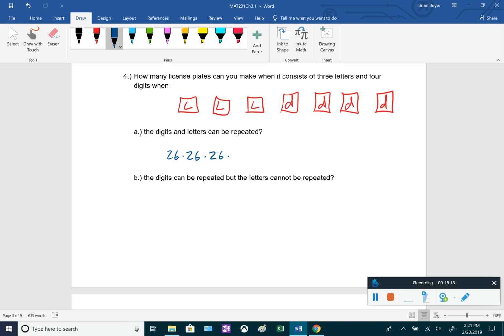The digits can also be repeated, so that's going to be 10 times 10 times 10 times 10. They all can be repeated, so they all have 10 options. We multiply all those together, so that's 175,760,000. That's a large amount of options.